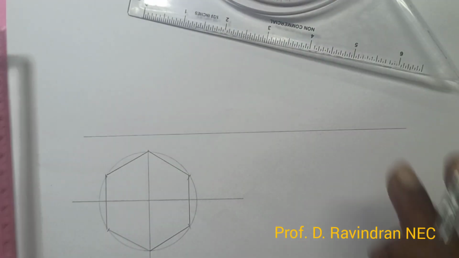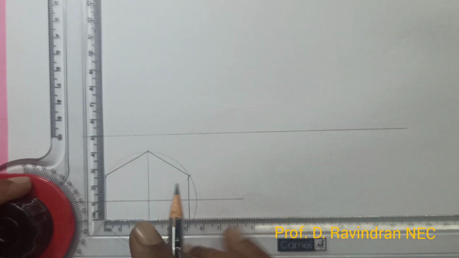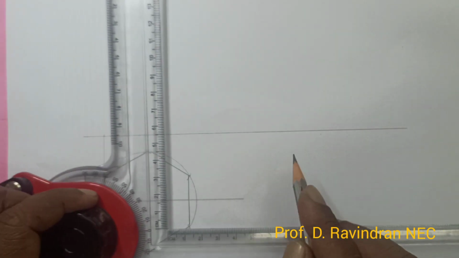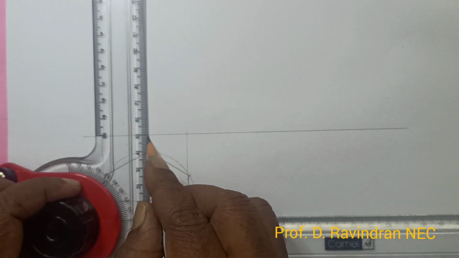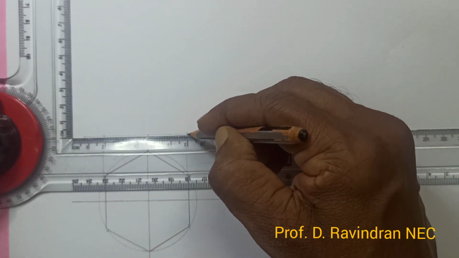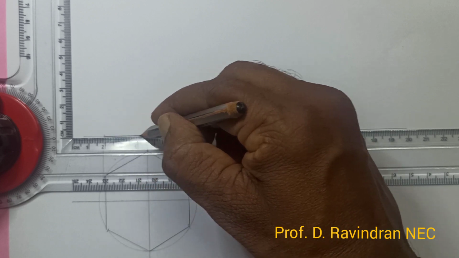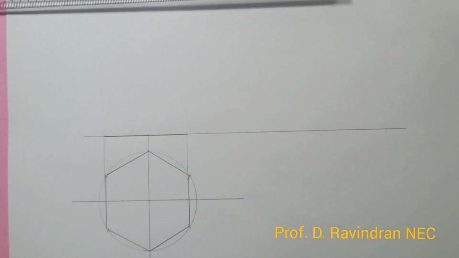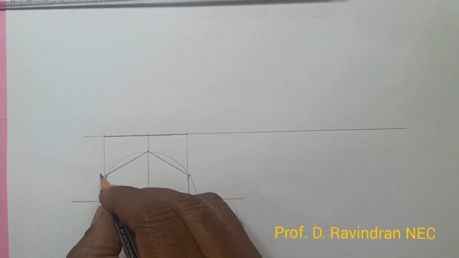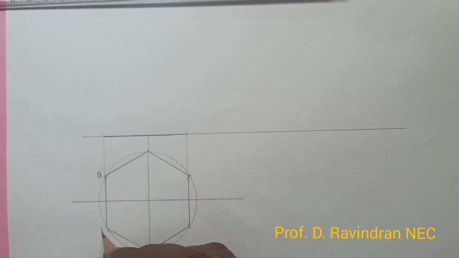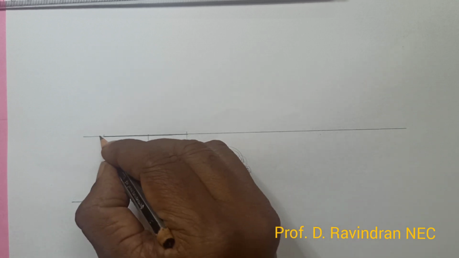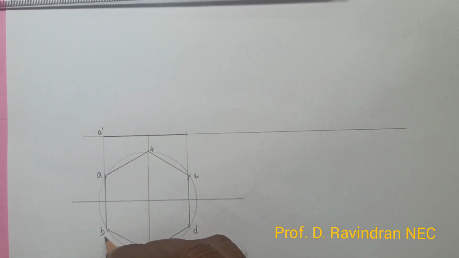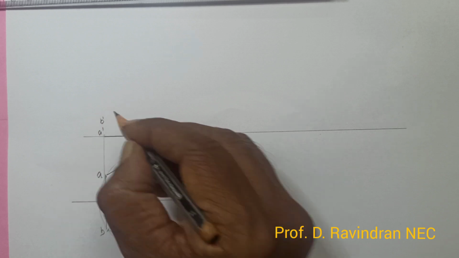Now the front view of the hexagon, initially when it is resting on HP, we can project these outer edges as well as the inner edge. Now this is going to be your front view of the straight line which is resting on your XY line. We can name the points. This is going to be your A, and it is B, C, D, E as well as F. This is going to be your A dash, and B dash also is going to be at the same point.